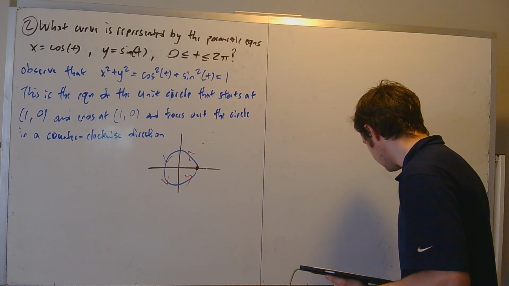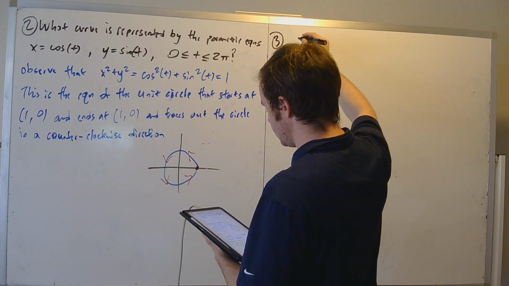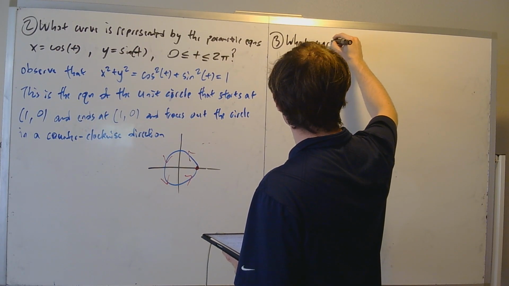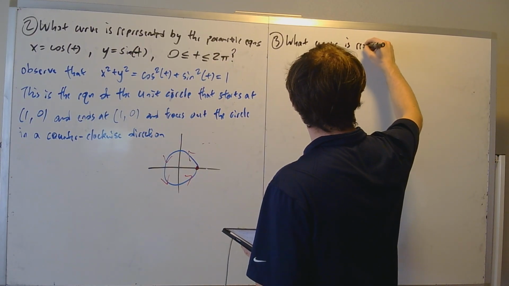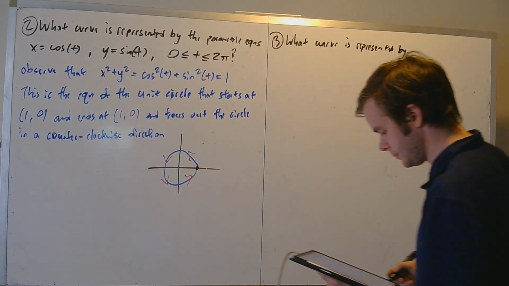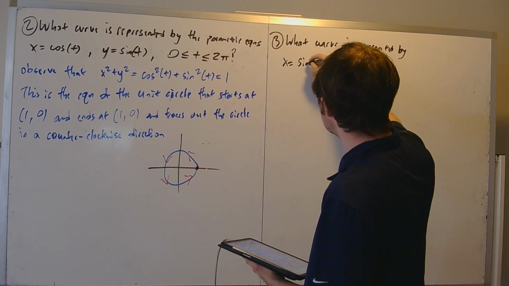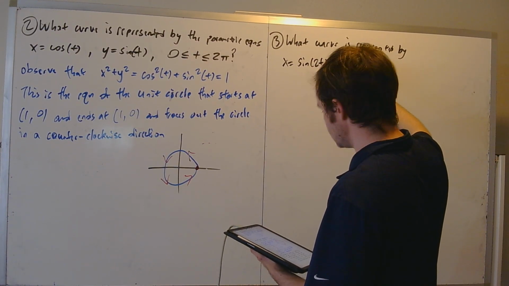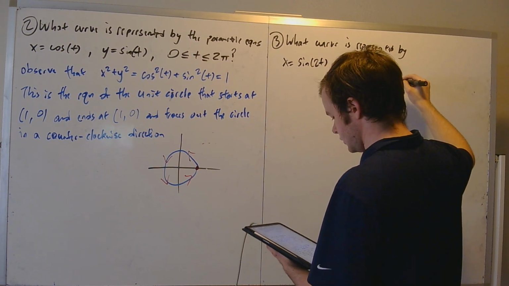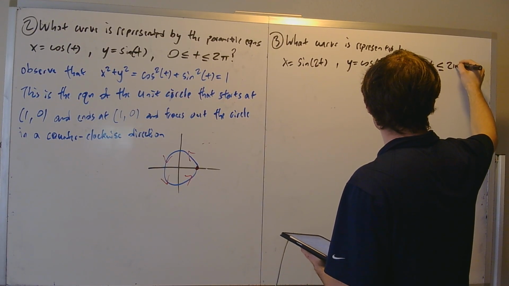Okay, so let's look at the next example, which is closely related. So example 3, what curve is represented by x equals sine of 2t, y equals cosine of 2t, and 0 is less than or equal to t is less than or equal to 2 pi.